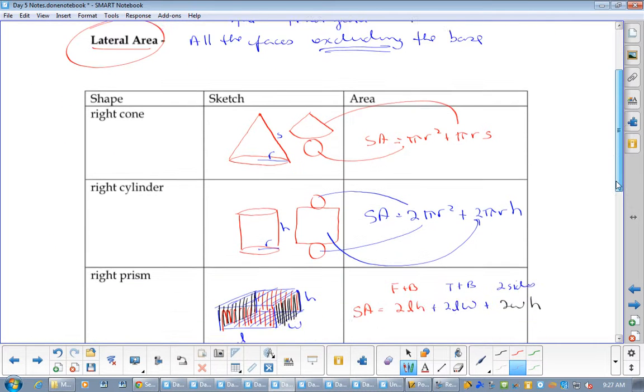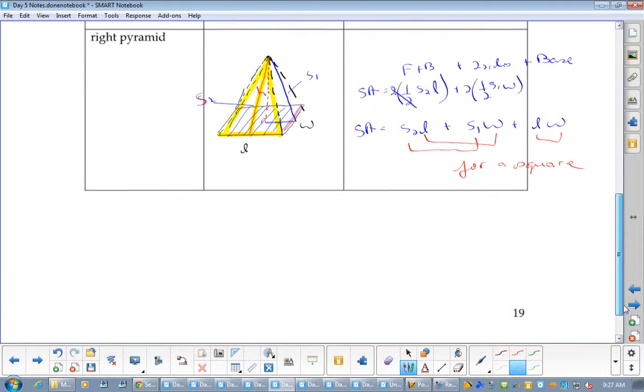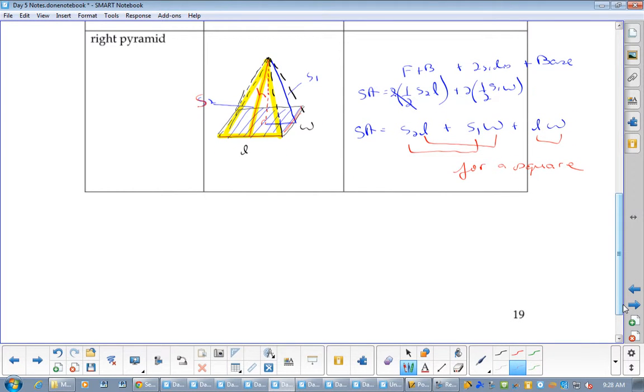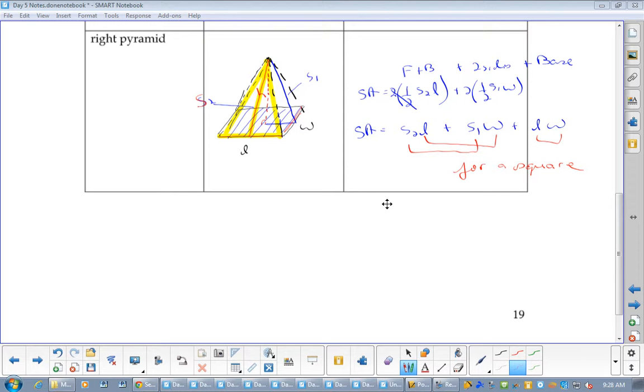Okay. Again, that's all on your formula sheet. Okay. Now remember this S1 and S2. Remember how we got those kind of mixed up on the quiz, right? So make sure you say S1 and S2 are the same if it's a square base, right?